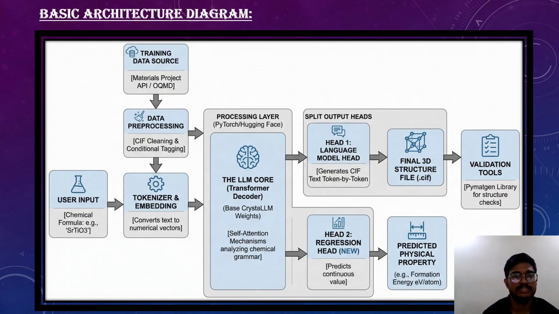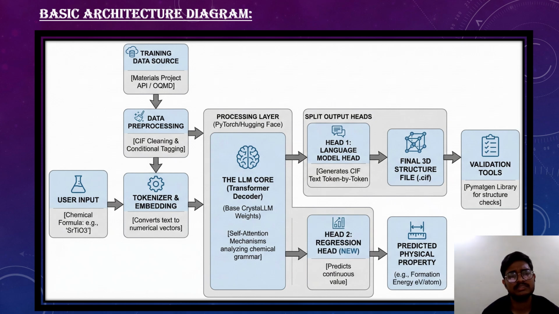Coming to the basic architecture diagram, first the input includes the chemical composition along with the conditional tokens. This input sequence is processed through several layers of a transformer decoder. These layers help the model understand the relationships between the atoms in the crystal. At the final stage, the model splits into two outputs.